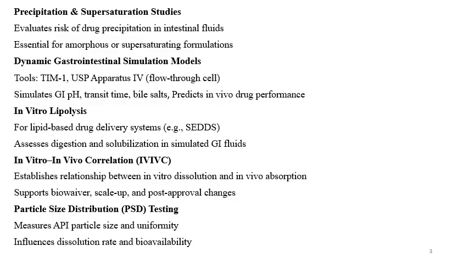USP apparatus 4, that is flow through cell, can be used to demonstrate the gastrointestinal simulation. Models can be developed and you can demonstrate the bioequivalence. Simulating the GI pH, simulating the GI transit time and media containing bile salts, predicting the in vivo drug performance can be very useful for the demonstration of the bioequivalence.